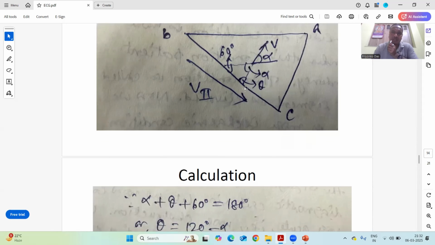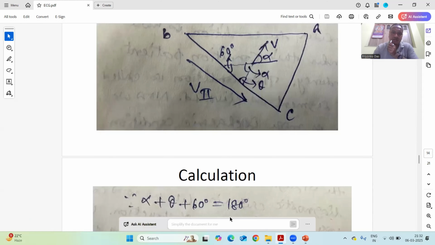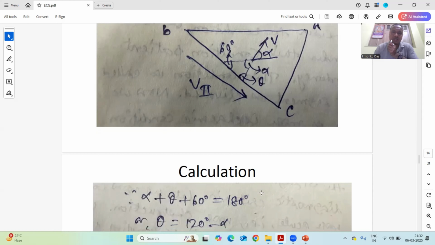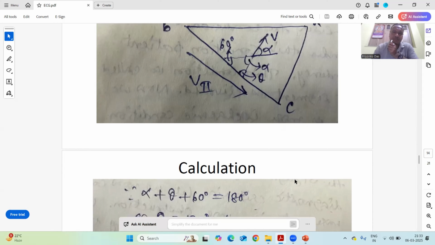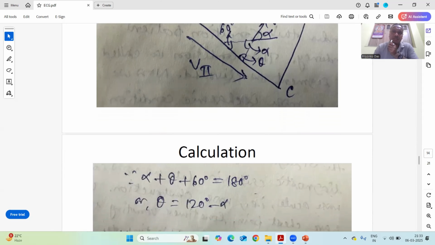Okay, this smaller triangle, alpha plus theta plus 60 is equal to 180 degree, as the three angles of any triangle make 180 degree obviously, such that this theta will become 120 degree minus alpha. This theta will become 120 degree minus alpha.